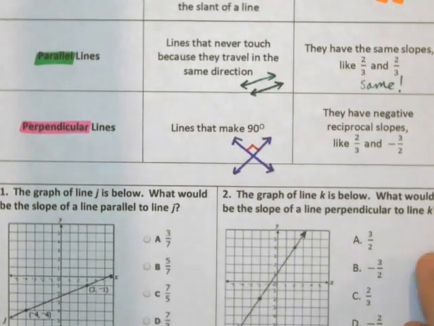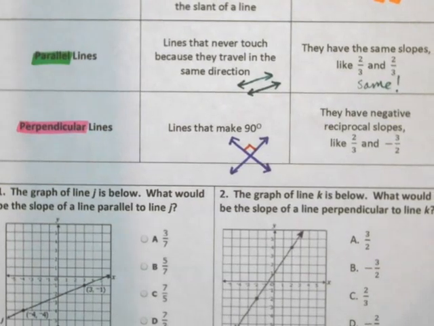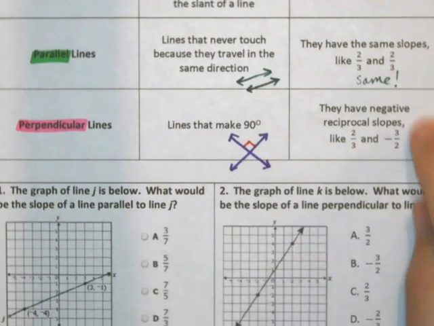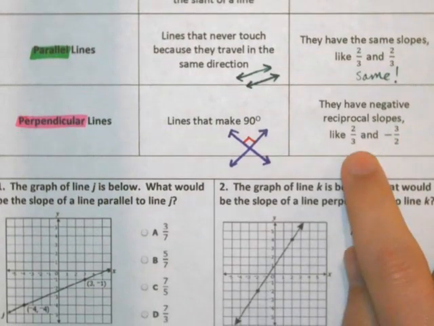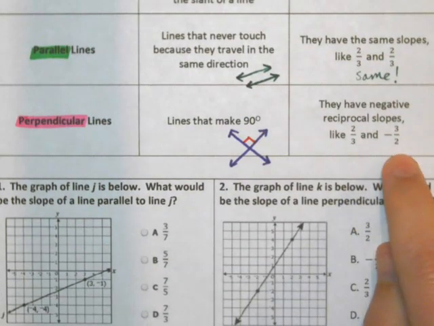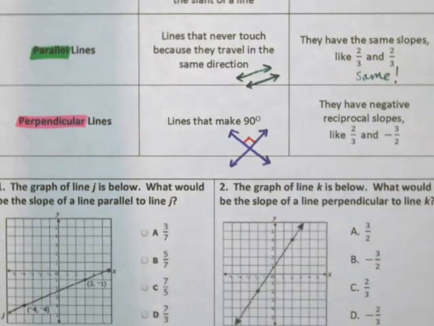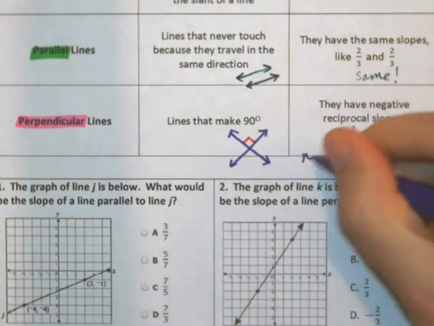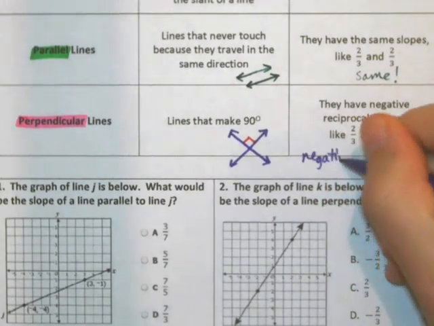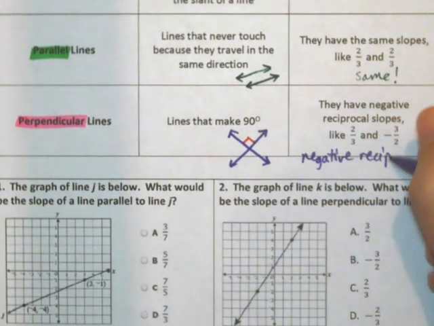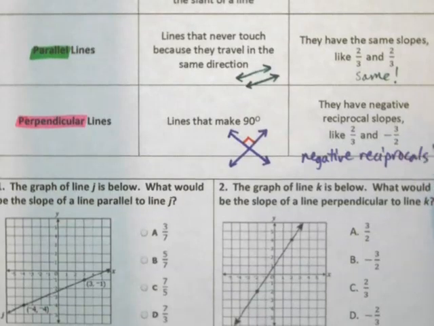What I really want you guys to know about perpendicular lines is that their slopes are negative reciprocals. And here's an example: 2/3 and -3/2. Those are negative reciprocals. Perpendicular lines have negative reciprocal slopes.